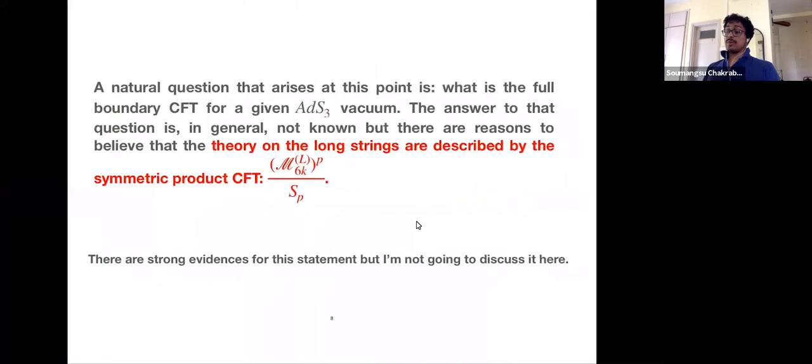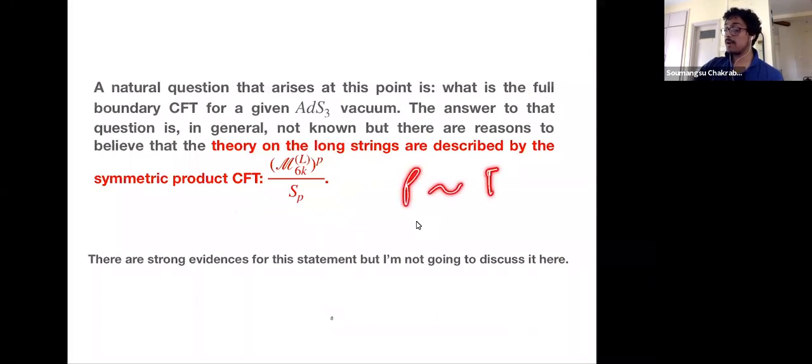Now, a natural question at this point is what is the full boundary theory that's dual to AdS3 vacua. The answer is not known in general. We know for sure what happens for k equal to 1, but in general it's not known. What is known is that the theory of the long strings is described by the symmetric product, (M_{6K}^{long})^P / S_P.